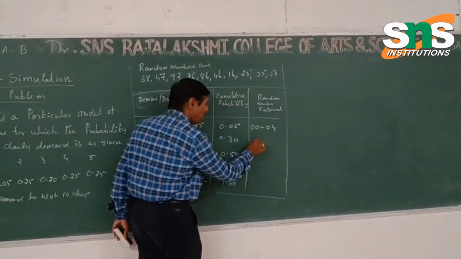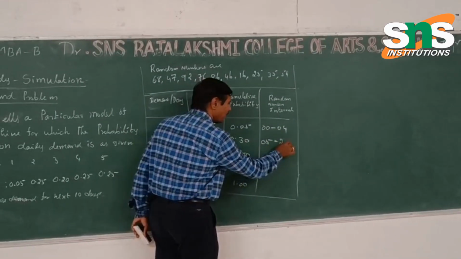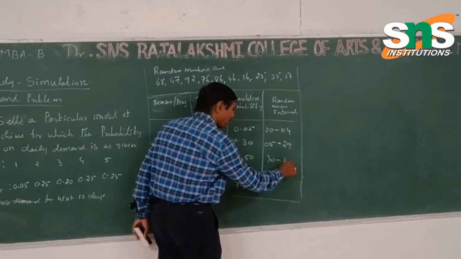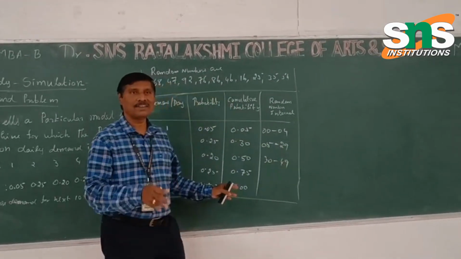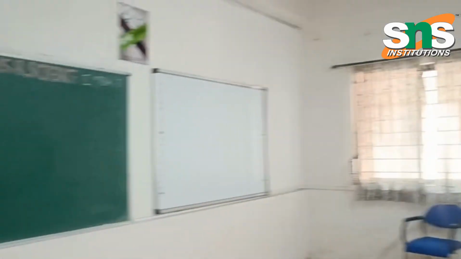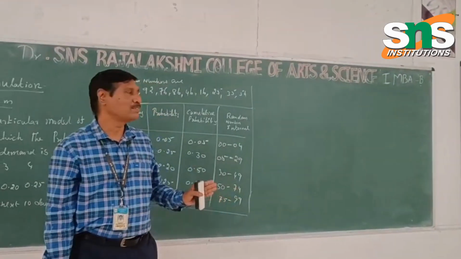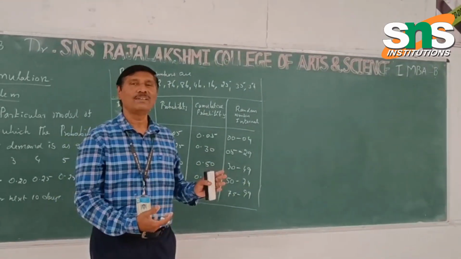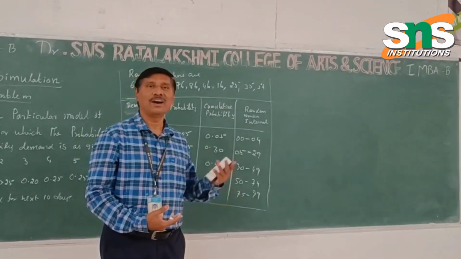The next is 05 to 29. Next is 30 to 49. Then 50 to 74. And the next random interval is 75 to 99. Got it. So these are all the random number intervals. Using these intervals, we simulate the demand for the next 10 days and the average demand.